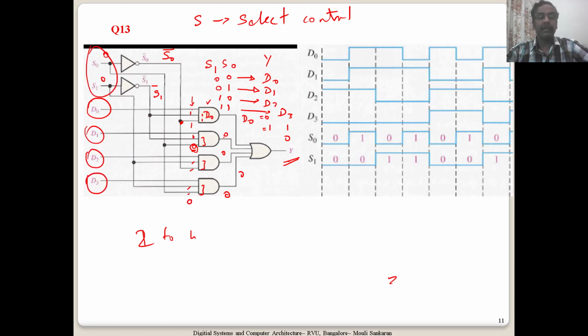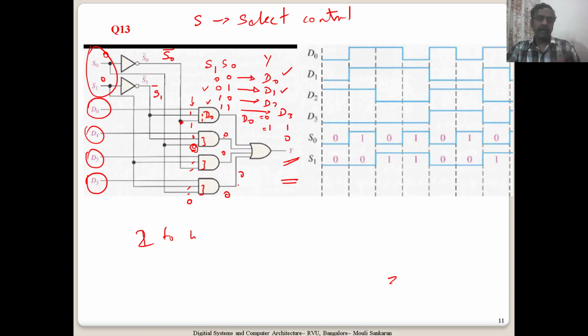You choose it by this control signal. If it is 0 0, I will choose D0 to come out, but some other time I will give 0 1, then I will get D1 out. So it's actually multiplexing many inputs, one of the inputs from many coming out as an output. It's multiplexing different inputs by choosing one of them at a time, because you cannot have multiple inputs simultaneously given as an output. So you have to choose one of them.